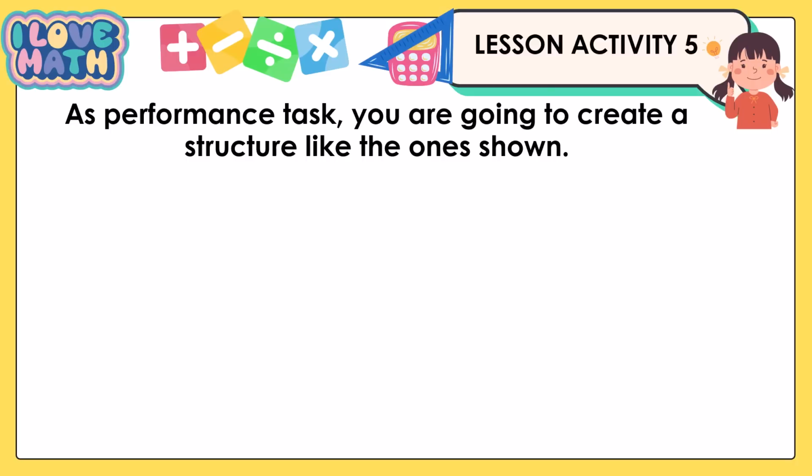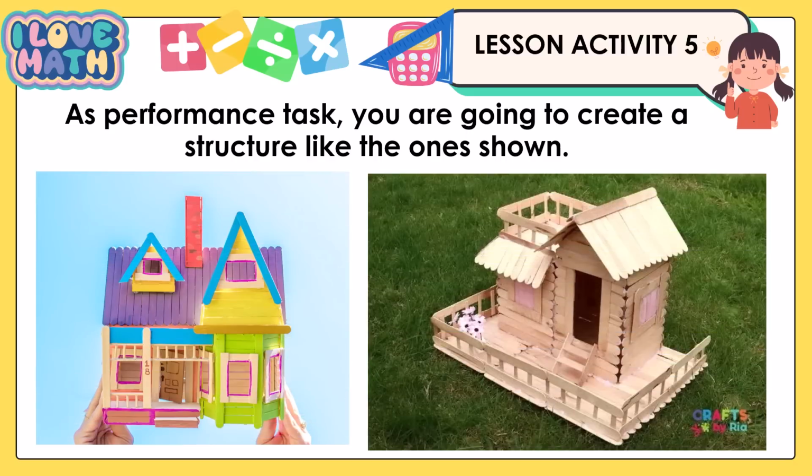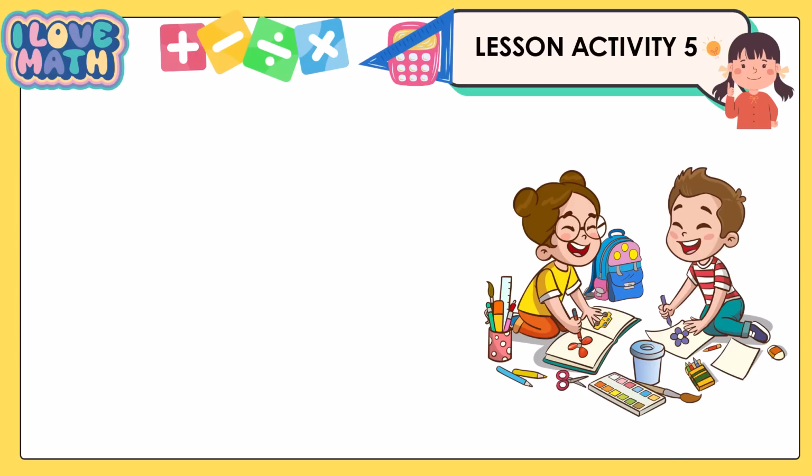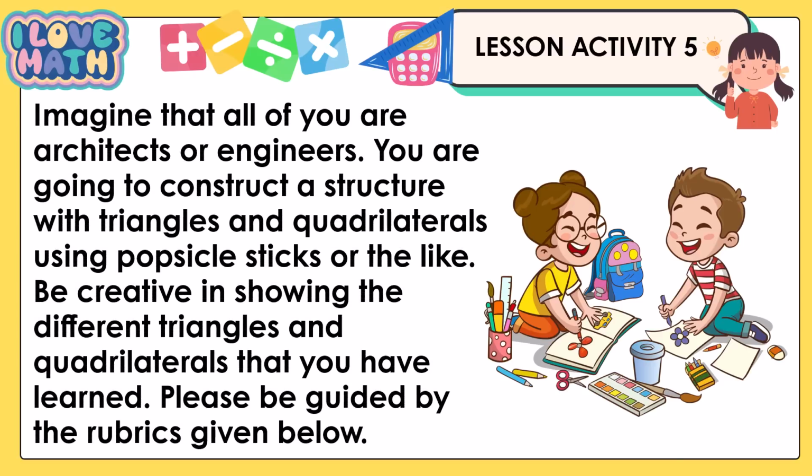As performance task, you are going to create a structure like the ones shown. Imagine that all of you are architects or engineers. You are going to construct a structure with triangles and quadrilaterals using popsicle sticks or the like.